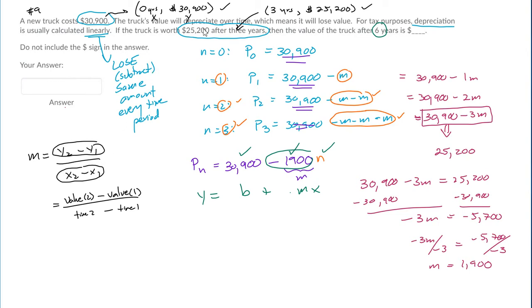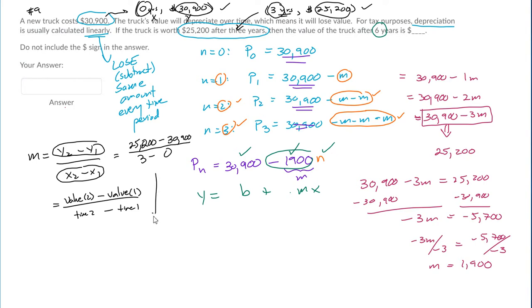The output in this case is the value of the truck, and the input is the time. So the change in the value of the truck is the second output, 25,200, take away the first output, divided by the second input take away the first input.